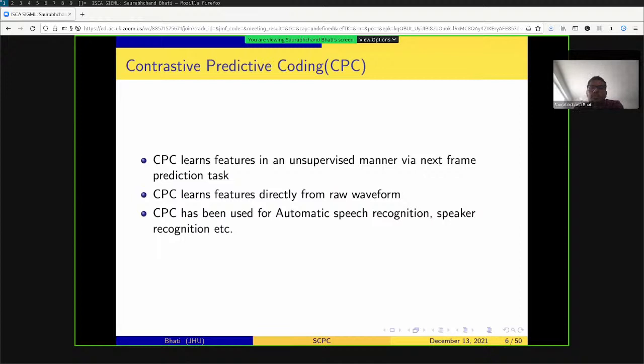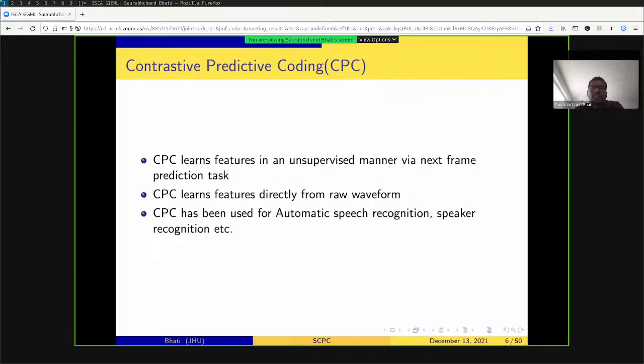CPC essentially learns features in an unsupervised manner, and it tries to do so by solving an auxiliary task of predicting the next frame. And to predict the next frame, you do not need any labels. As long as you have the unsupervised data, you know what the next frame, or next two frames, are going to be. And then you can condition your model to learn the structure of speech data by solving such a task.